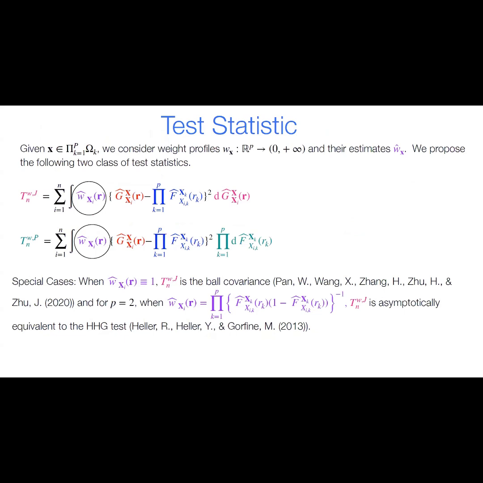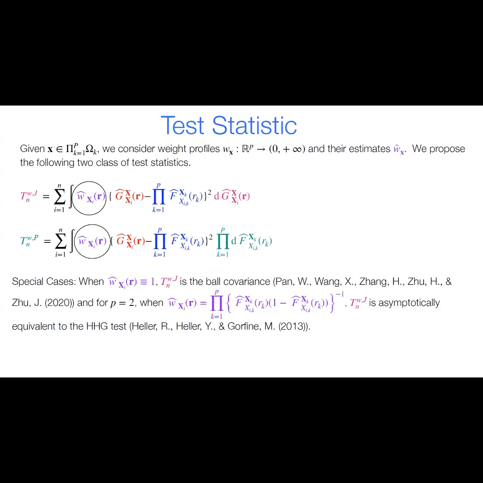So here's the test statistic. In order to define the test statistic, I'll have to introduce what are WX. WX are data adaptive weights that we want to put on each point. And these WX are a function of not only your point, but also the radius. So in order to compare these joint and marginal profiles, we want to put that much weight on point xi, and then we are also going to put that much weight on the radii.